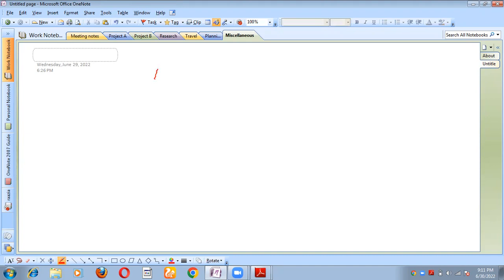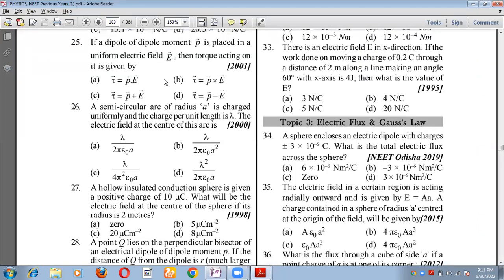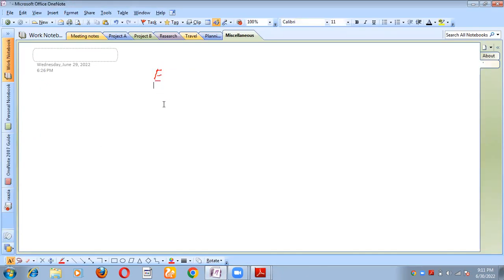We have to find the electric field at the center. First, I will explain the question. There is a semicircular arc of radius A. What does it mean? Suppose we have an arc, a structure like this, and its charge per unit length is lambda. In the question, it says there is a semicircular arc and its radius is A.